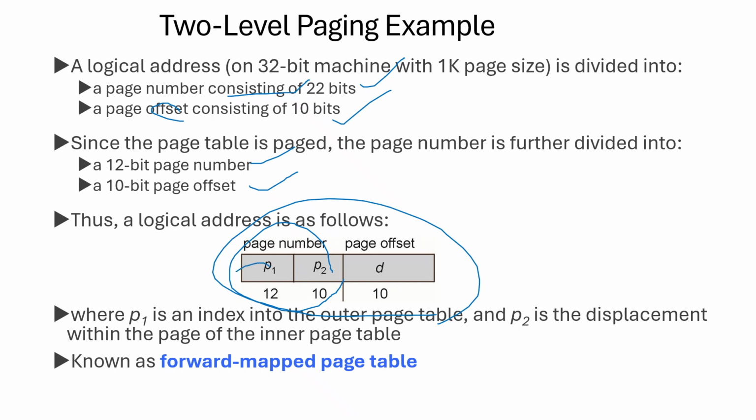You go and refer to page table 1 to get page table 2, and there you have the frame number, and add it with the displacement to get the physical address.